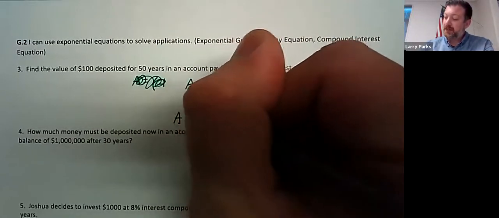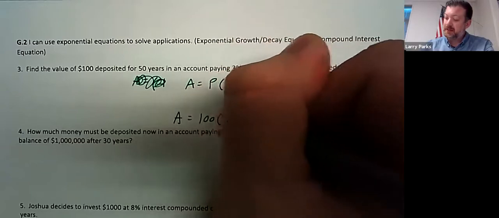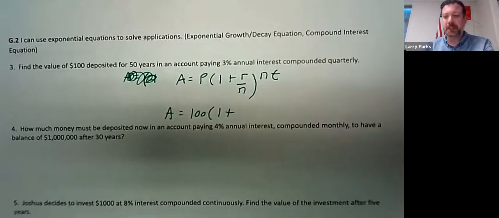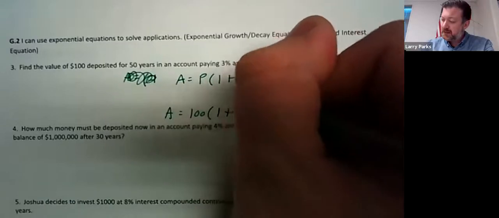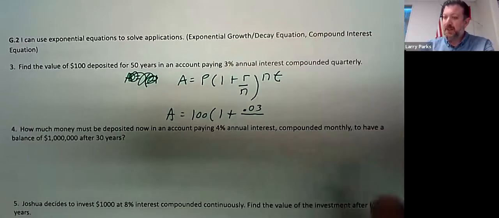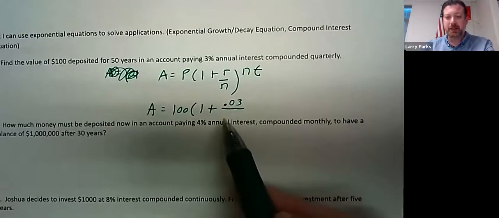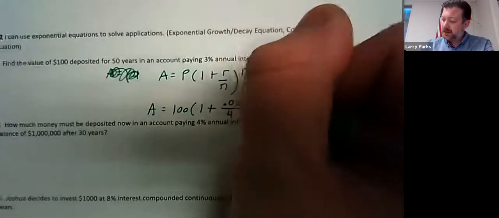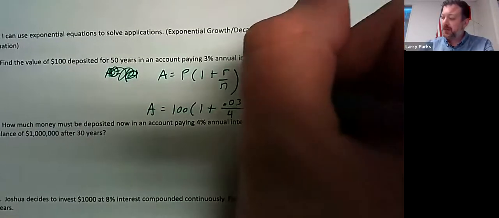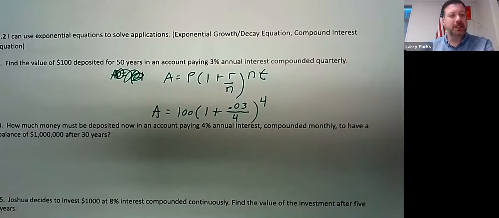So I started off with $100. My interest rate's 3%, that'd be 0.03. It's compounded quarterly, that'd be 4. n would also still be 4. And then how many years? 50 years.